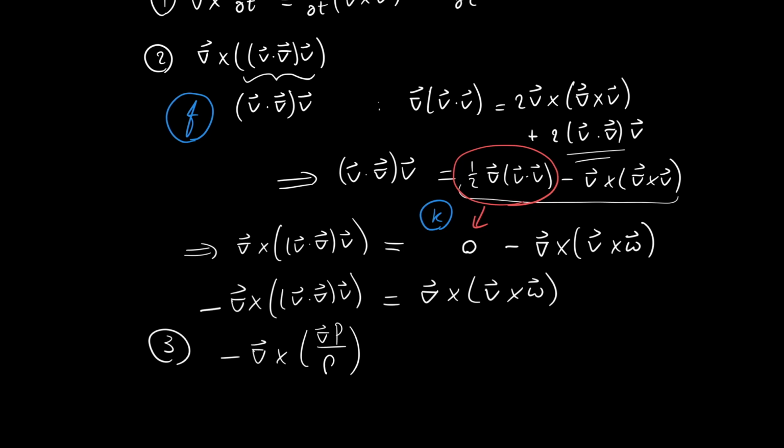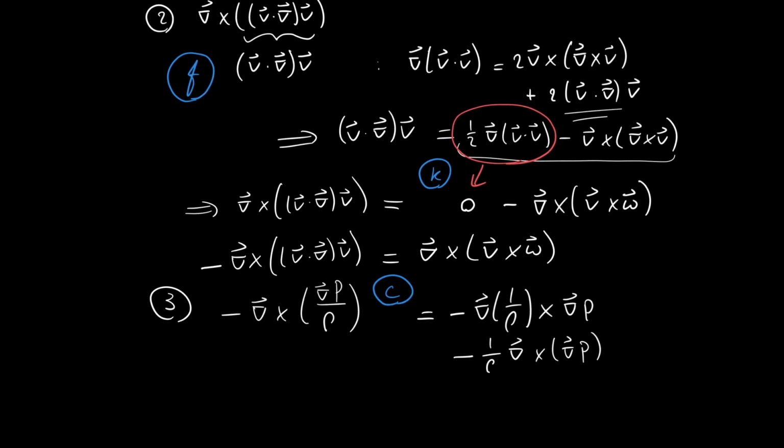In fact, we can find an expression for it if we go to equation number C, because I can consider this a vector field times a scalar function, and the scalar function is 1 over rho. So if I do that, then equation C will give me that this has to be equal to minus the gradient of 1 over rho cross product with nabla p, the gradient of p, minus 1 over rho, the curl of the gradient of p.